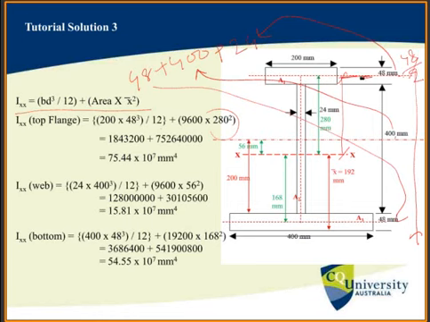This is 24, the center line of the top flange. So now we have the distance of this, and if we take it away from the x bar 192, we get the distance which we need.